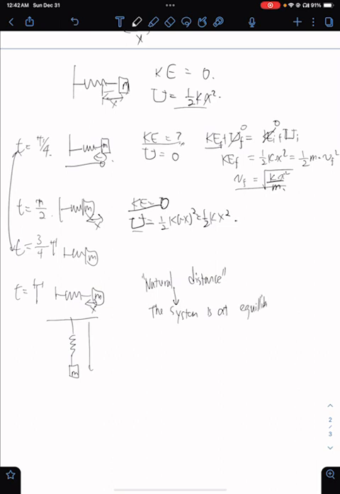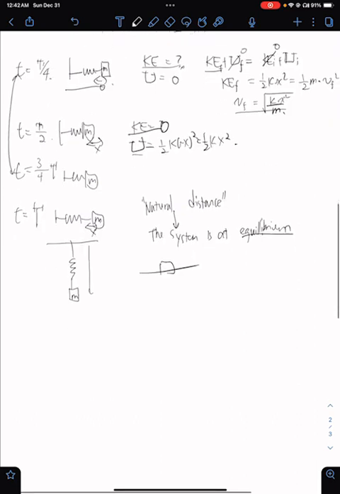And you might say, what does equilibrium mean? Well, equilibrium stands for when the block and everything is just not moving, when it's completely still. So if you just put a block on a table, that system is in equilibrium.